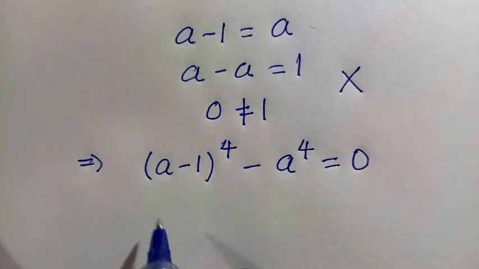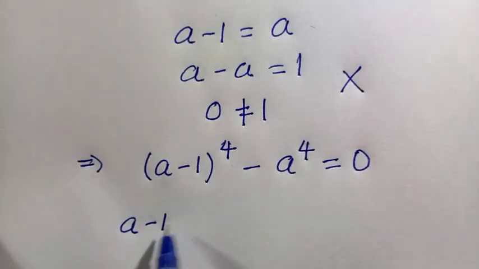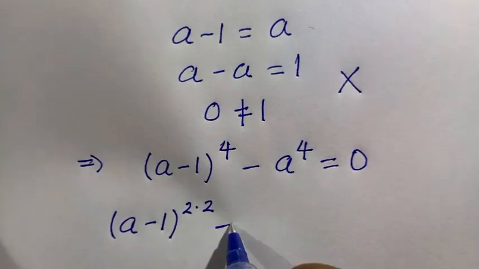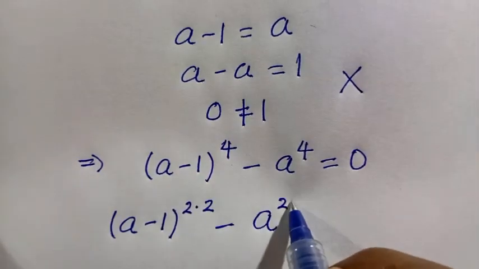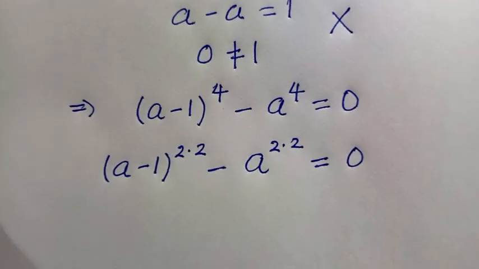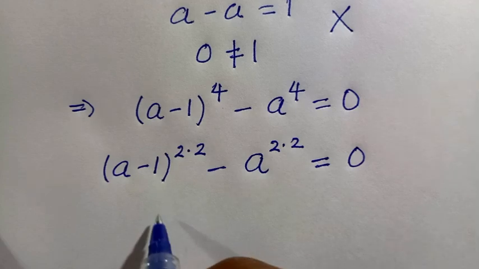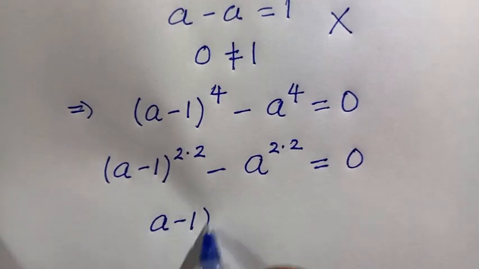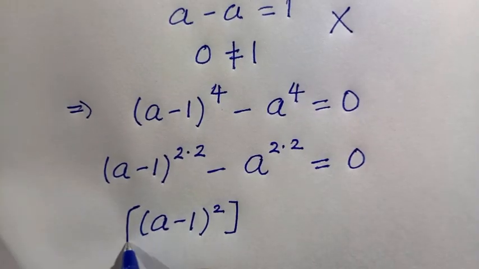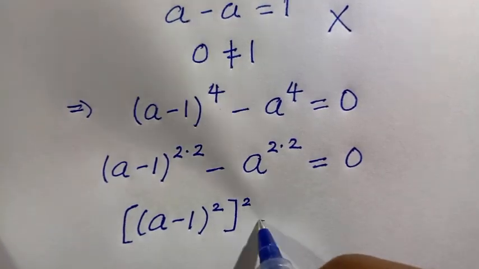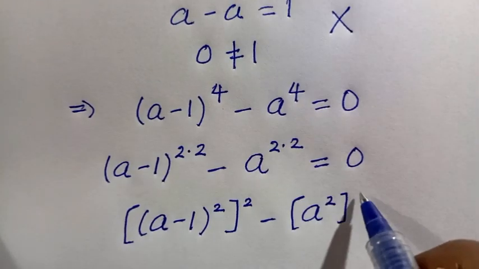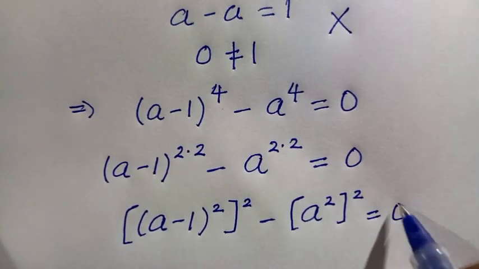So here we are going to rewrite this as 2 multiplied by 2, which follows the rule of indices: we can write this as ((a minus 1) raised to the power 2) all raised to the power of 2, minus (a raised to the power 2) all raised to the power of 2, equals 0.